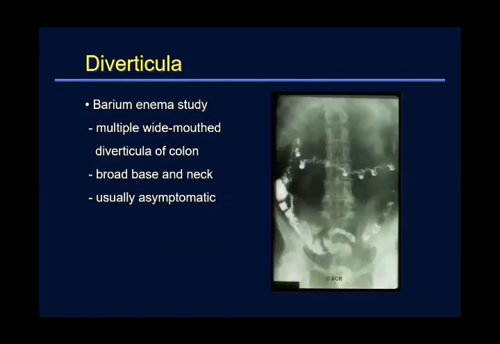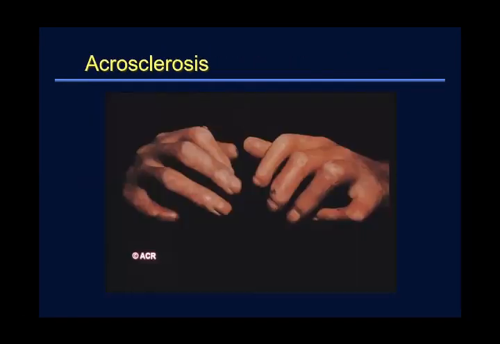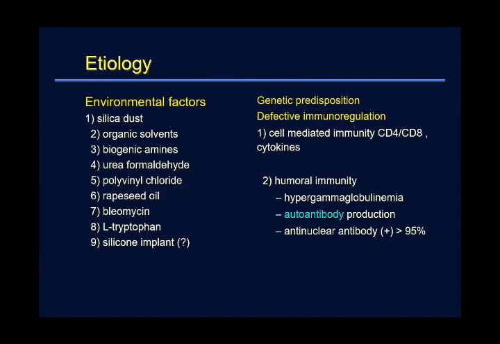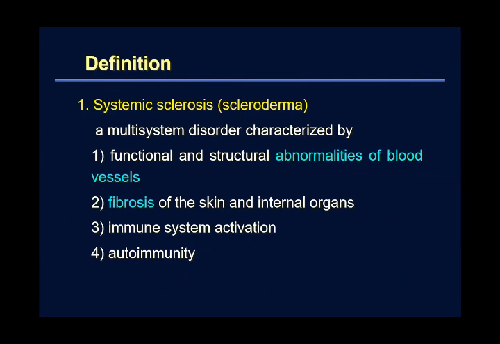But most of the patients, 80%, have limited disease, and 20% have diffuse disease with involvement of the internal organs. So this is the whole of scleroderma with its clinical manifestations, investigation, and treatment options.